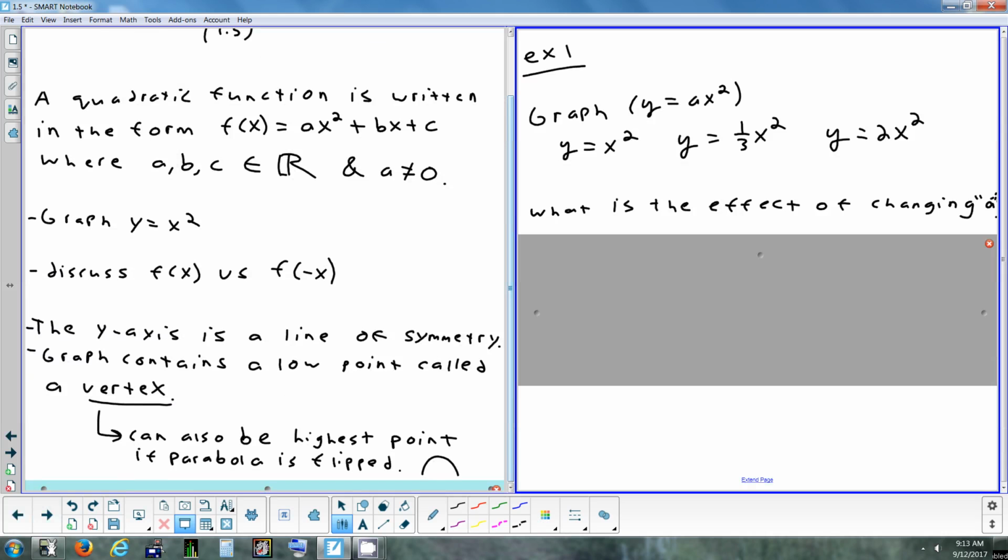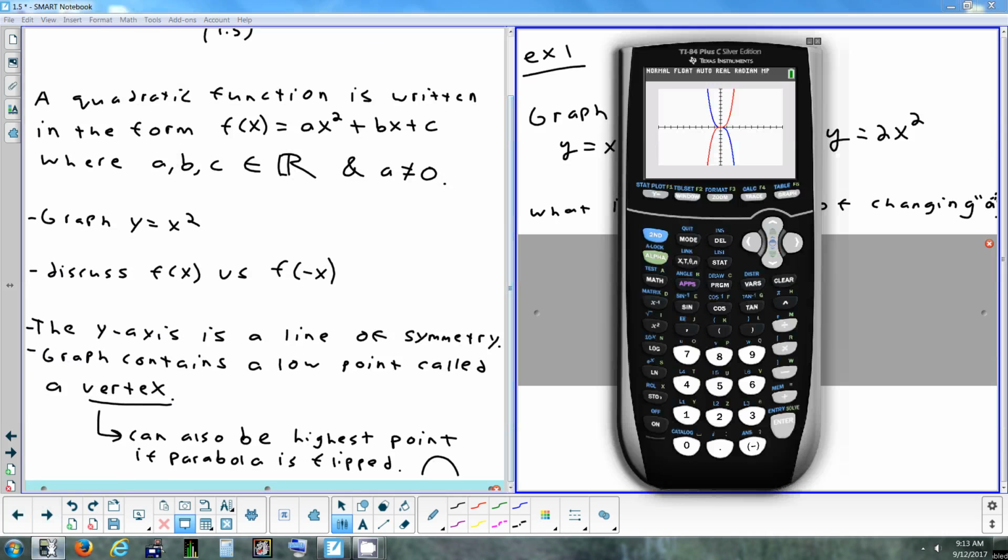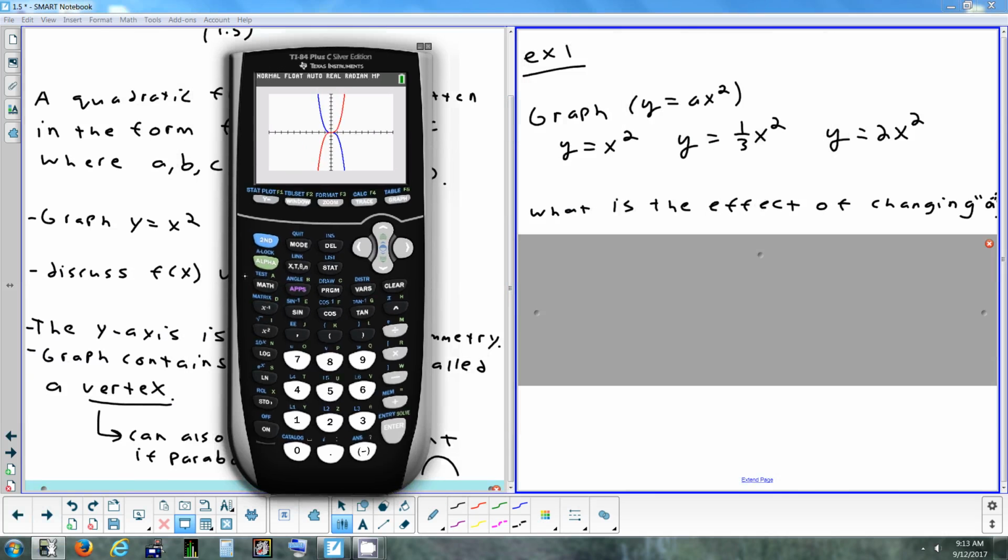How about Caleb? You have a guess what might change? So how will that look different? A wider curve. Okay, so maybe a wider curve or a narrower curve. Let's try it and see.